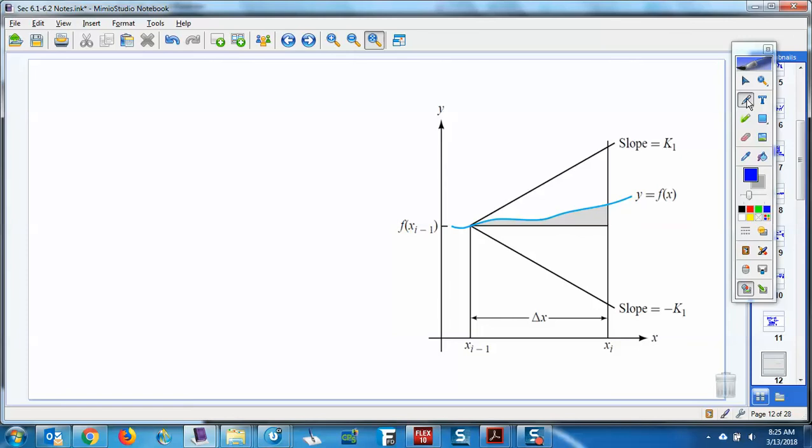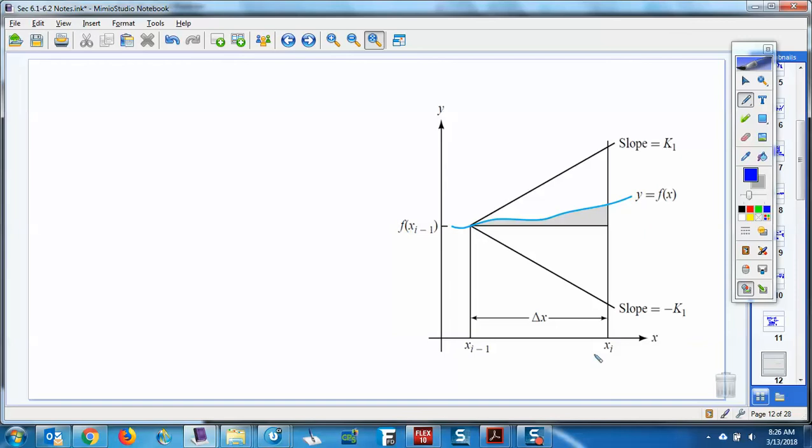So what causes there to be error? The steepness. If only we had a way to measure steepness: slope. The first derivative is going to be the error. We said we want to do a worst case scenario, so we're going to look at a function in just one subinterval, x of i minus 1 to x of i.